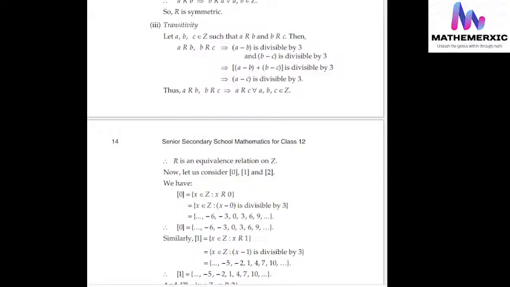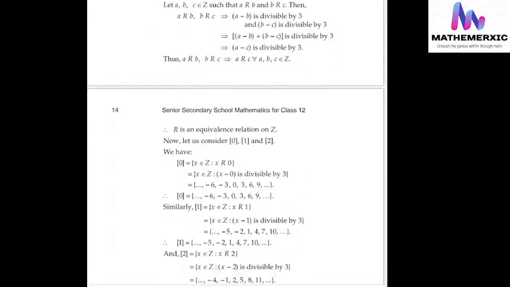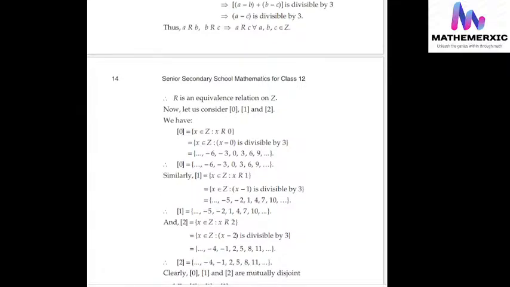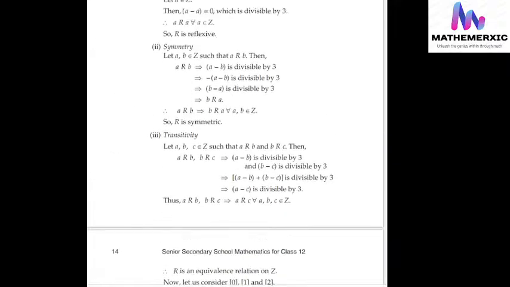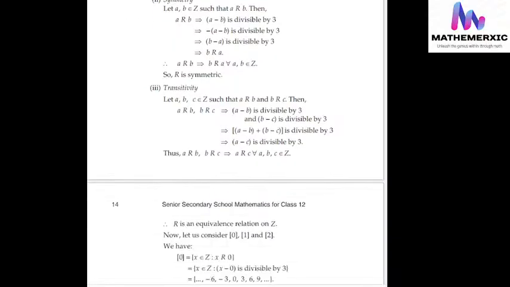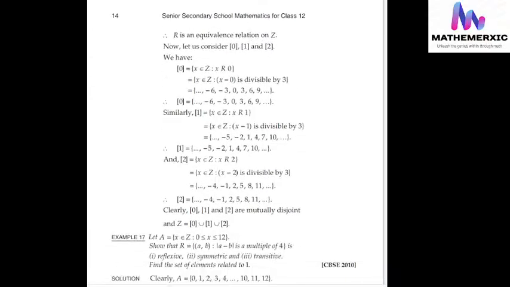Now let us consider the classes [0], [1], [2]. For [0], let x belong to Z such that x is related to 0, so x minus 0 is divisible by 3. So we get minus 6, minus 3, 0, 3, 6, 9, and so on. That is [0].